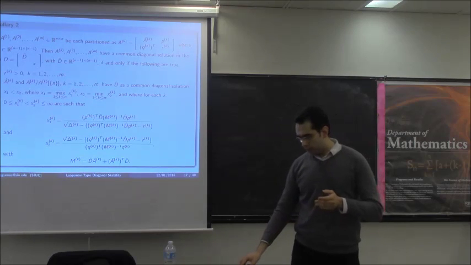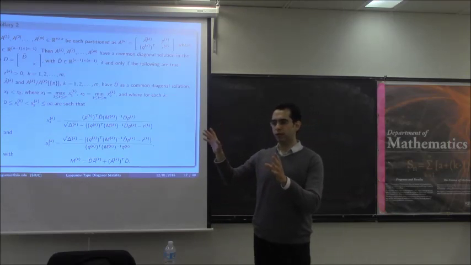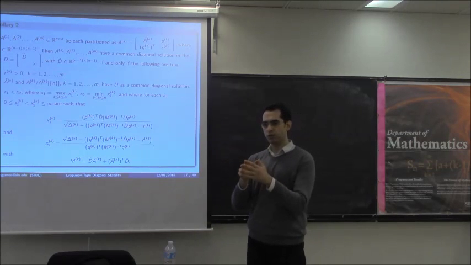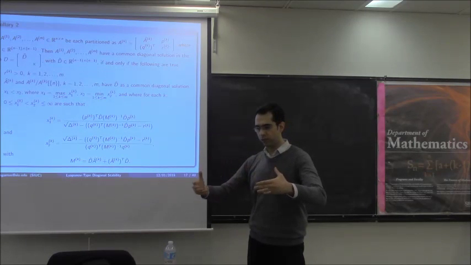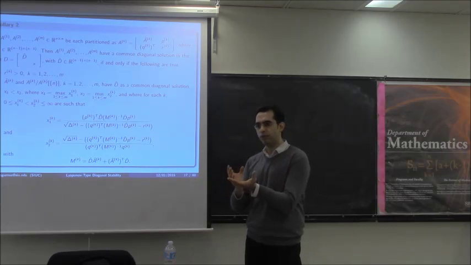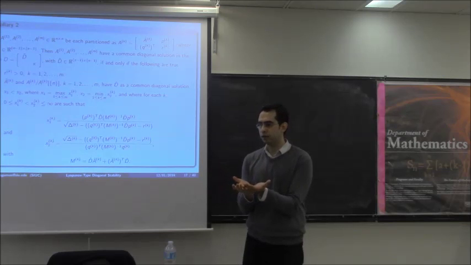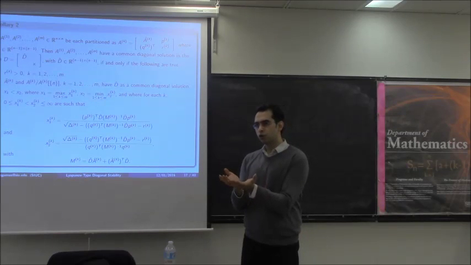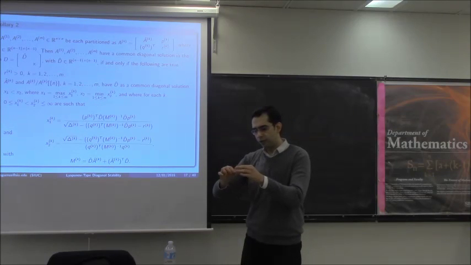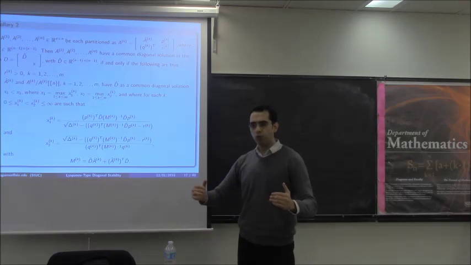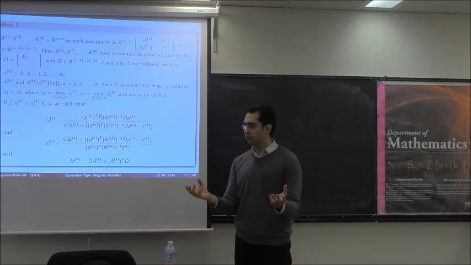So basically this problem reduces to the n minus 2 case. For example, we have a 4x4 matrix and we are looking for diagonal stability. The first result reduces this problem to 2 matrices of order 3, 3x3.